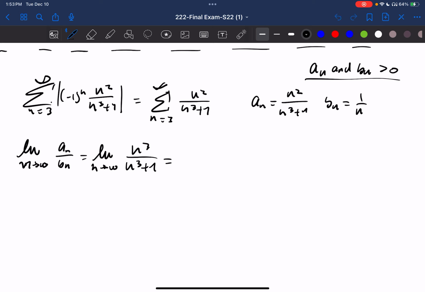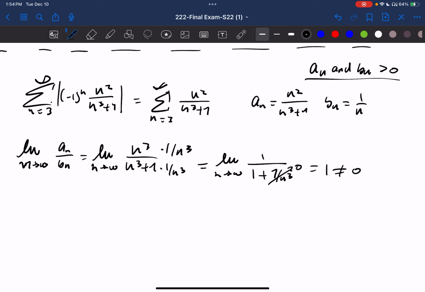Multiplying by 1 over n cubed on top and bottom, this will be equal to the limit as n goes to infinity of 1 over 1 plus 7 divided by n to the third power. This term will go to 0. Therefore, this will be equal to 1, which doesn't equal 0.